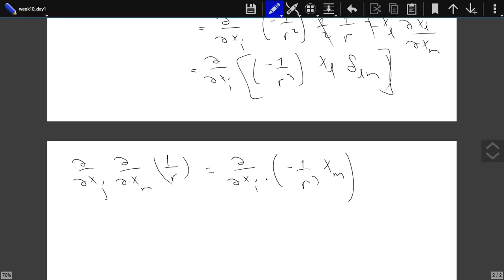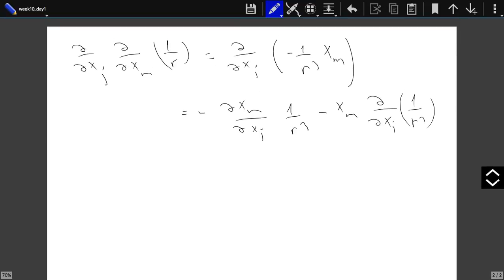Now I will be taking the derivative with respect to x_j. So this will be minus the derivative of x_m with respect to x_j times 1 over r cubed, minus x_m times the derivative with respect to x_j of 1 over r cubed. I'm just using the derivative for products.